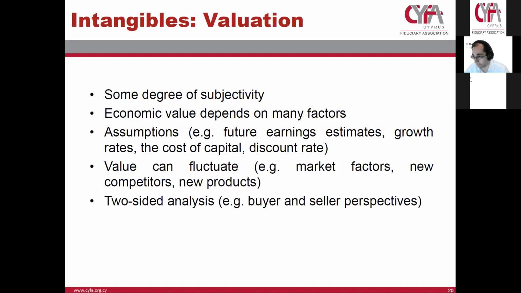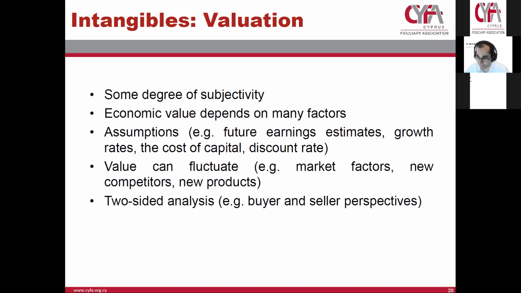So they need to be supported by reference to economic value, which depends on many factors. They will require a number of assumptions regarding the future earnings related to the IP, growth rates, the cost of capital, discount rates. Naturally, the value of the intangible may also fluctuate.